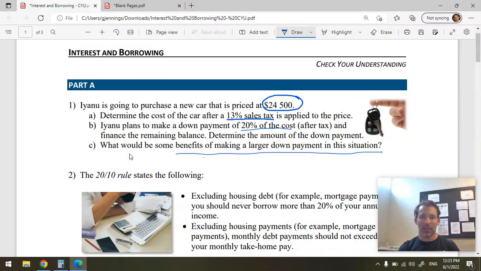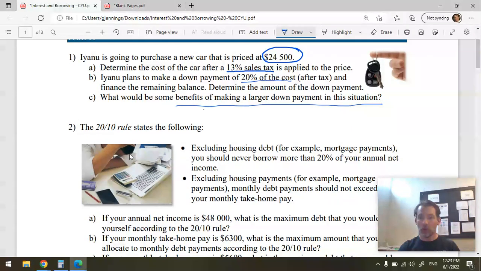There's a lot of reasons why that might be good. Maybe you went with your friend to the car sales dealership, and they get to see you whap down a full 10 large on the counter, and it makes you feel good. There are lots of different potential benefits of doing a larger down payment in this situation. It really depends on you and your situation.